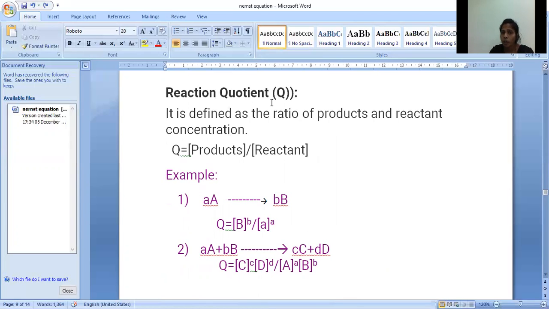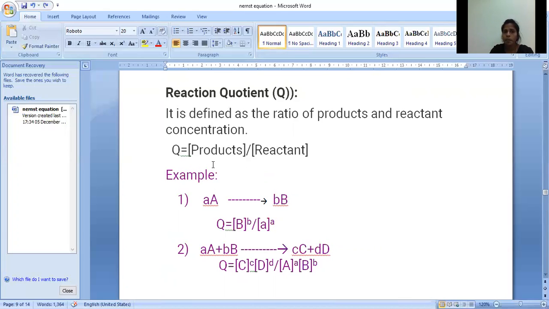But equilibrium constant is at equilibrium conditions, reaction quotient at normal conditions. So Q or K is equal to products concentration divided by reactants concentration. He already told you that the concentration must always be mentioned in square brackets.